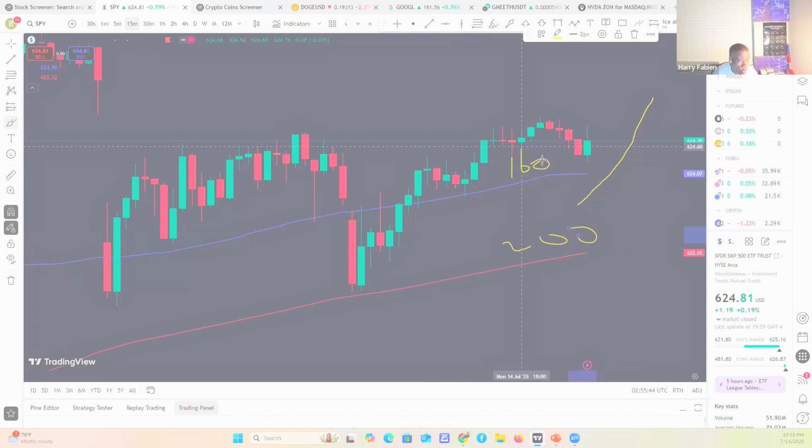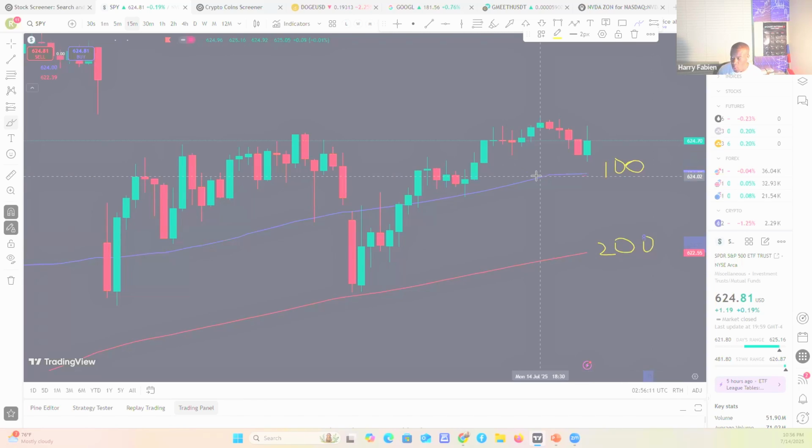This one is a 100 SMA, and this one is a 200 moving average.